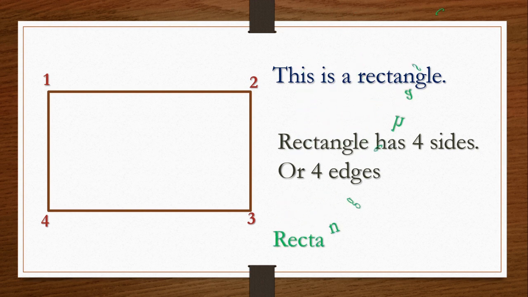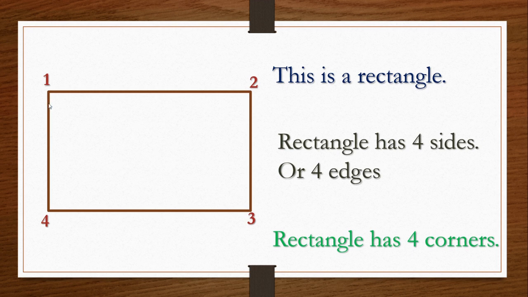Rectangle has 4 corners. Got this, children? Rectangle has 4 sides and 4 corners. Here these two sides are lengthier or larger compared to these two sides, isn't it? So this figure is called a rectangle.